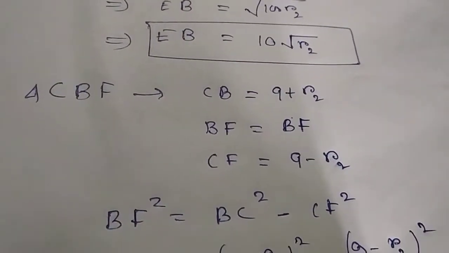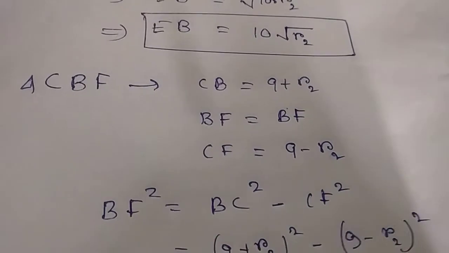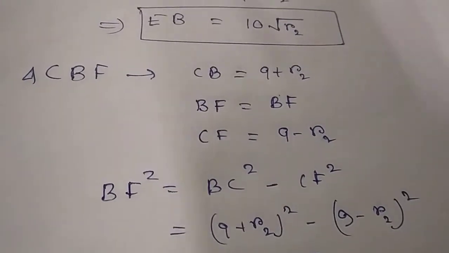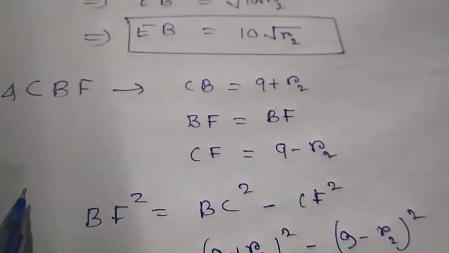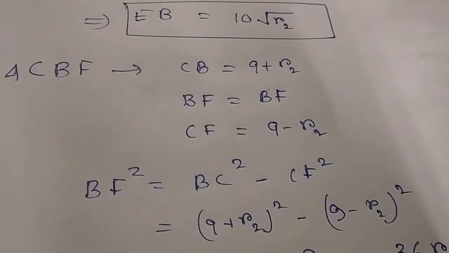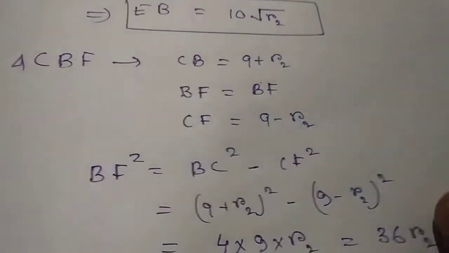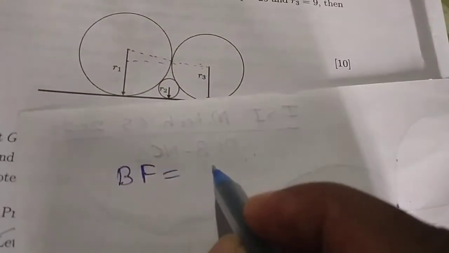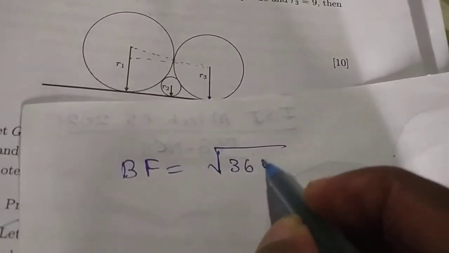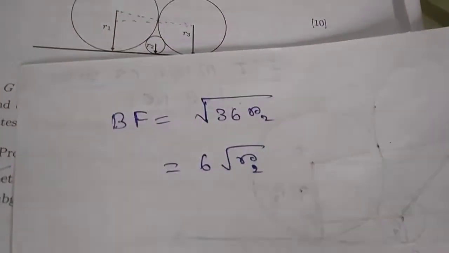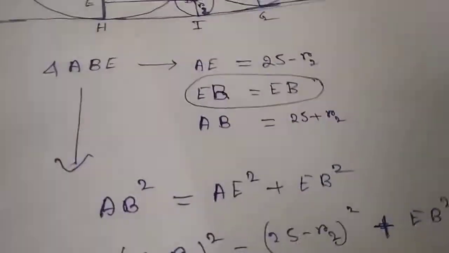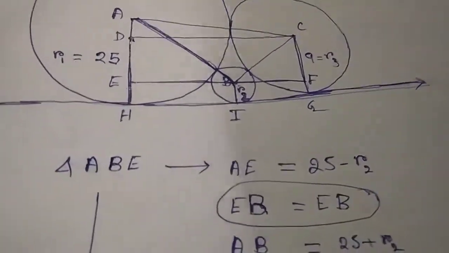So this means 4 into A into B, which is 36 R2. So we have BF equals root over 36 R2, which is 6 root over R2. Okay, so now we have the value of EB and BF.